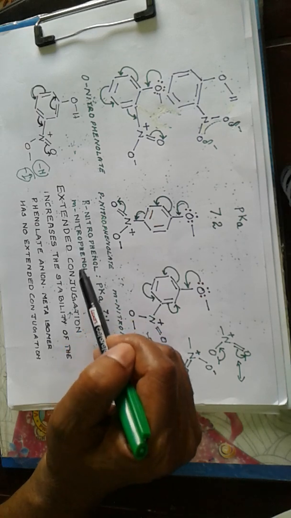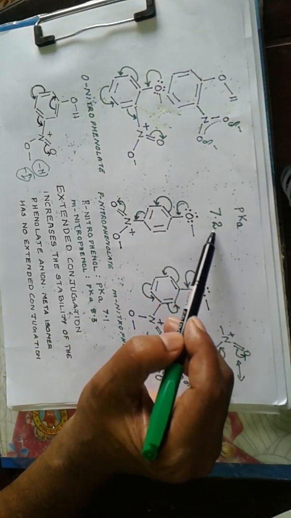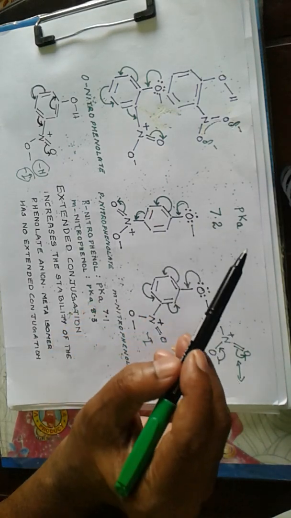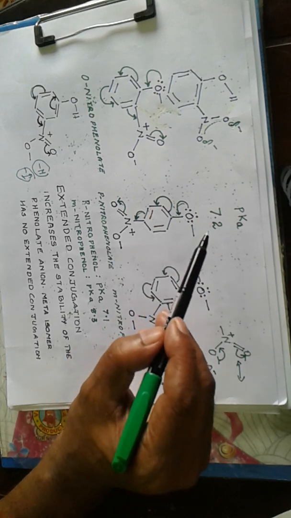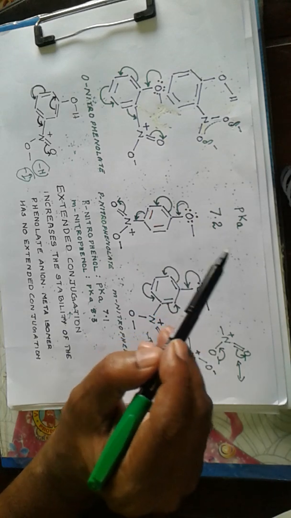So meta-nitrophenol is least acidic and para-nitrophenol is most acidic, and ortho-nitrophenol is nearly as acidic as para-nitrophenol but slightly less acidic. Now all these acidic characters are based on the stabilities of the corresponding phenolate anions.